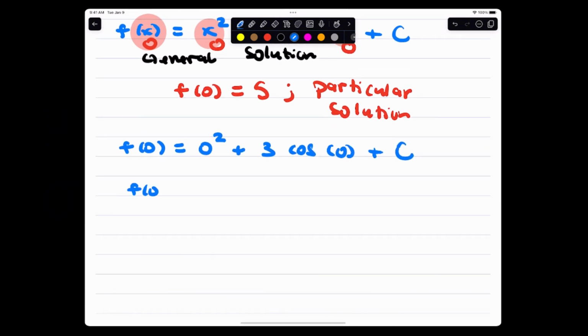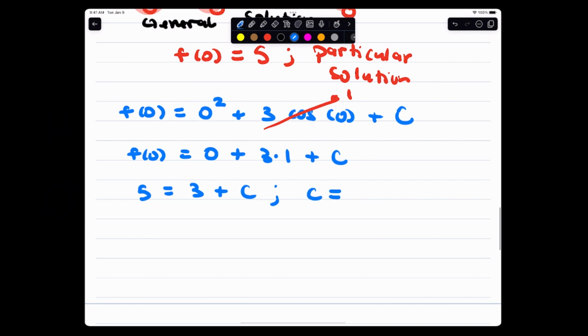So f of 0 numerically, isn't that 0 squared, which is 0, plus 3 times 1 plus c? Because isn't cosine 0 positive 1? And that now means 5 equals 3 plus c, or c will be 5 minus 3. Your constant is 2.